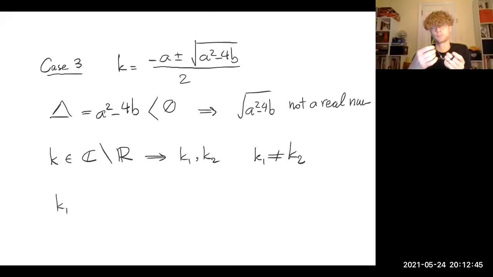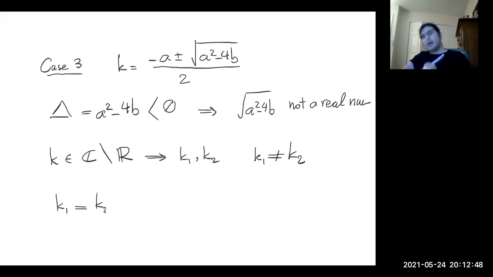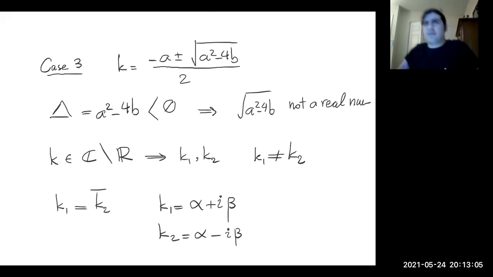So for example, if k1 as a complex number is equal to alpha plus i beta, k2 would be equal to alpha minus i beta. That's a simple theorem about second order polynomials. So if they have a complex solution which is not real, the other solution is the conjugate of the first one.